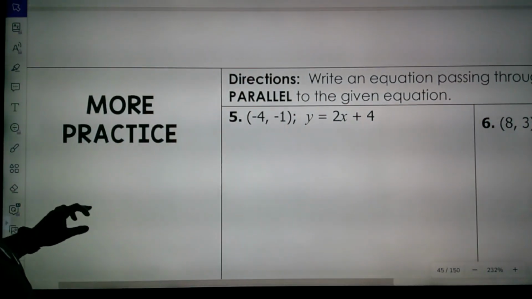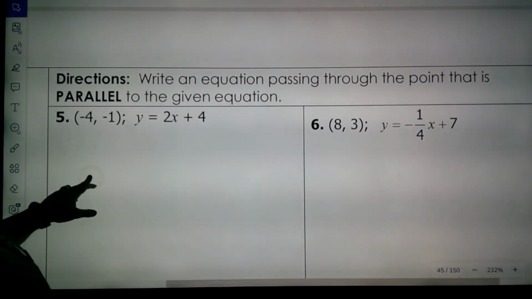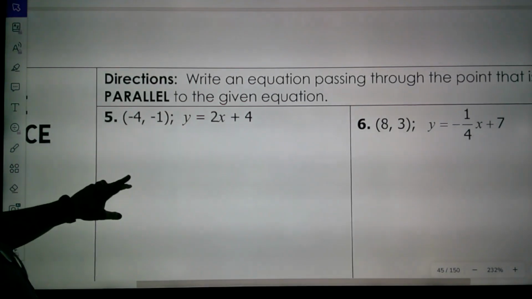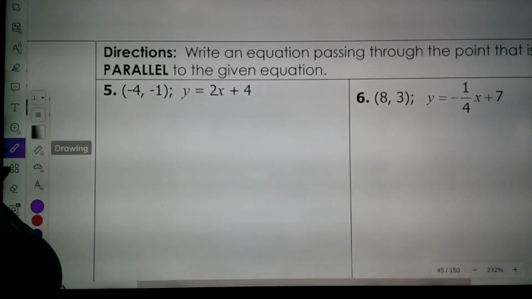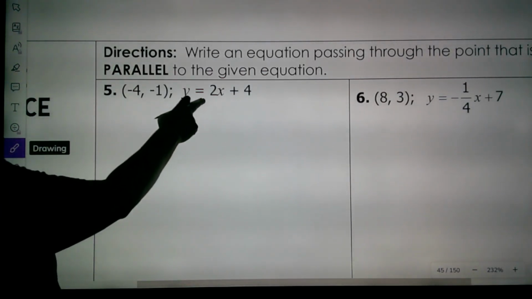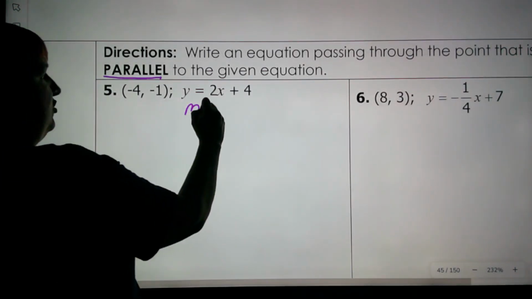All right, let's see what they're going to do. More practice. Write an equation passing through the point that is parallel to the given equation. They're making it even easier for you. Point, slope. They want it to be parallel, so our slope is going to be 2.